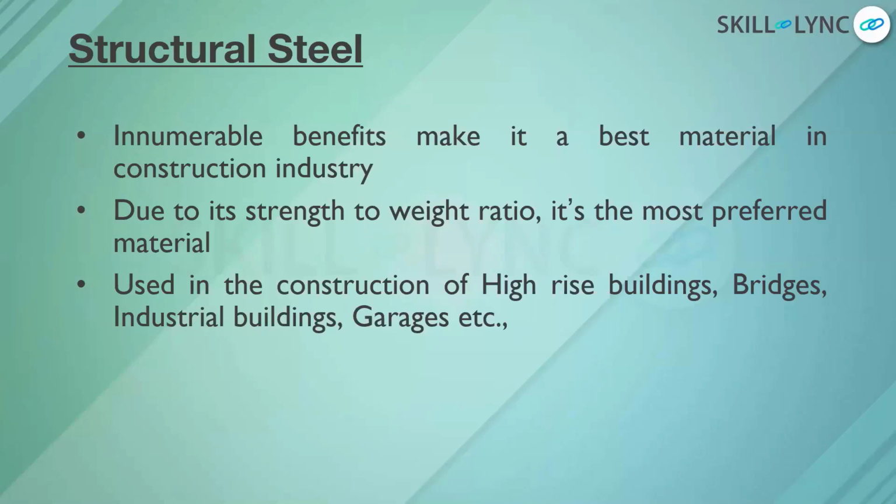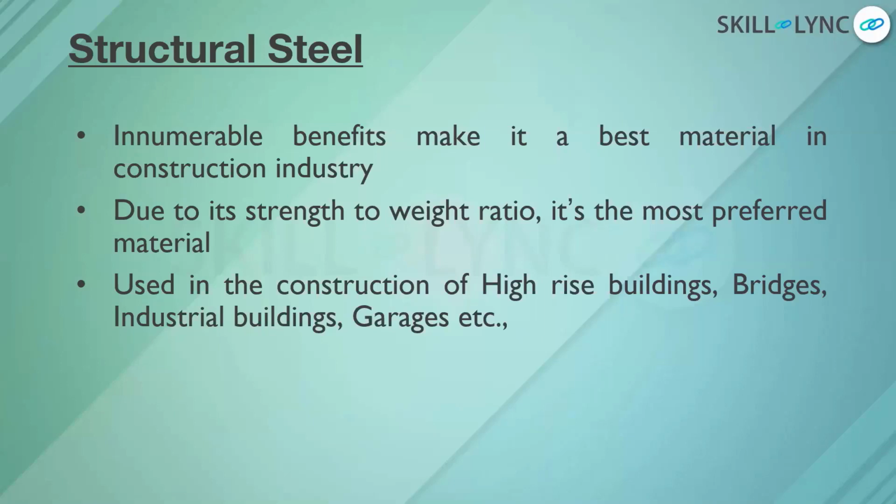The innumerable benefits of structural steel are enough to make it one of the best materials used in the construction industry. It is most commonly used due to its strength to weight ratio. In most construction, mild steel is used, and it has immense strength, which makes it an ideal choice for constructing buildings.